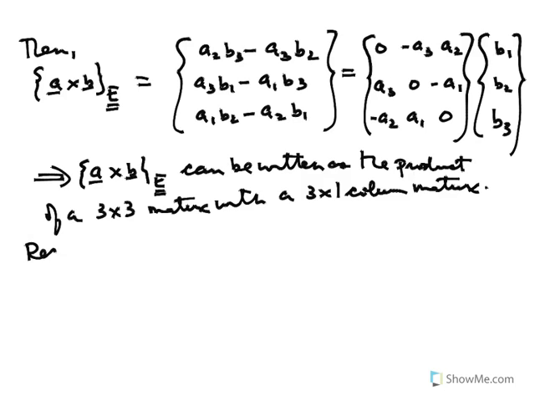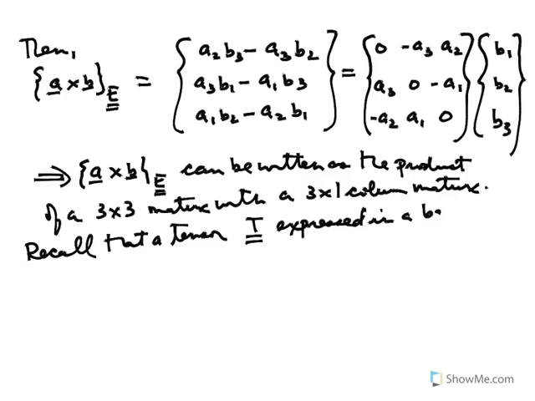So recall that a tensor T expressed in a basis, which we're calling E, is a 3 by 3 matrix, because that's the matrix representation of the tensor. So that means that this 3 by 3 matrix has to be the representation of some tensor, right? Well, what is that tensor? Well, let's look at it.